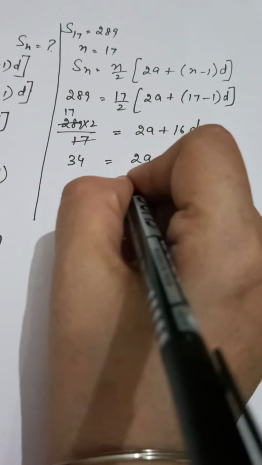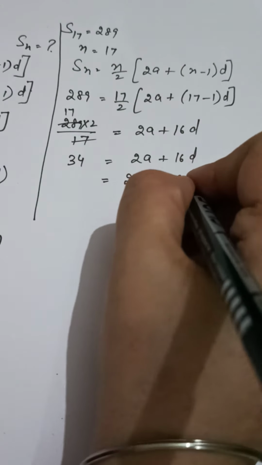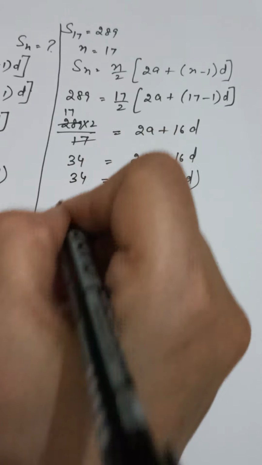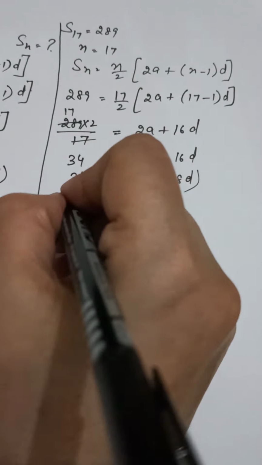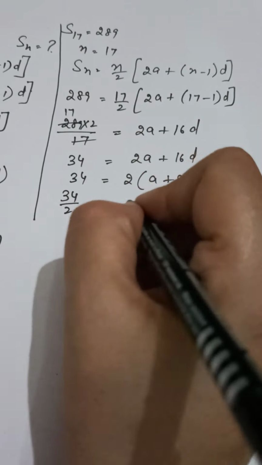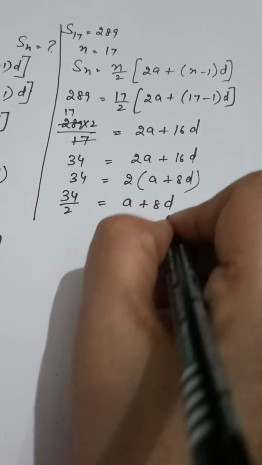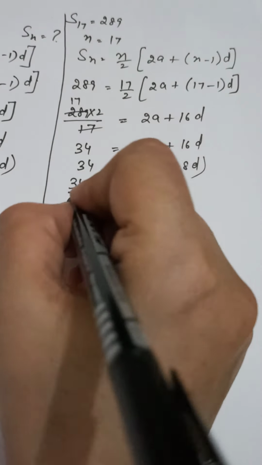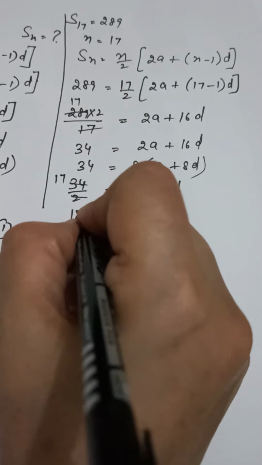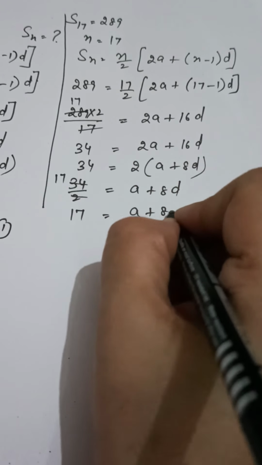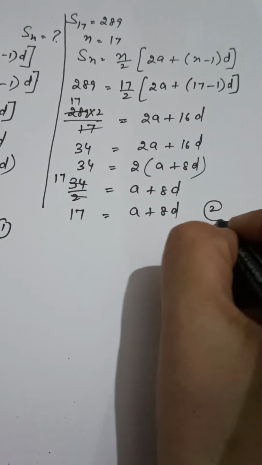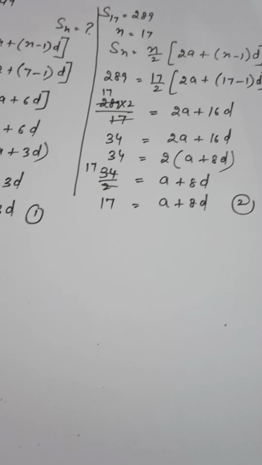Now 2 can be common here, 2 times a plus 8d, that is 34. Then 2 moves to the left hand side: 34 upon 2 is equal to a plus 8d. When we cut this, 17 is equal to a plus 8d. This becomes equation number 2.